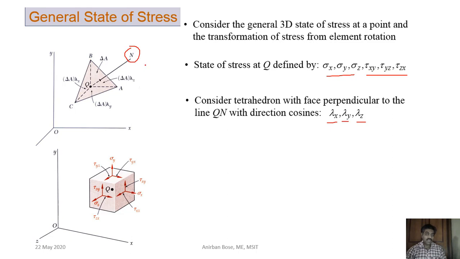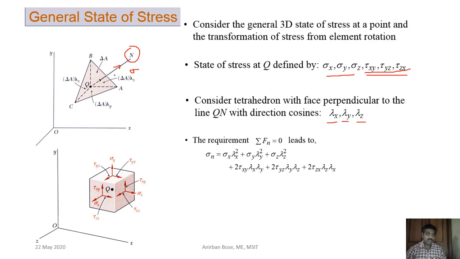Okay, so it is possible to find out the normal stress that is acting in that direction in terms of the components sigma x, sigma y, sigma z, and the shear components. That can be done simply by considering the equilibrium in that direction, and if you do that, you will get that the normal component in that direction, sigma n, will be equal to sigma x lambda x square, plus sigma y lambda y square, plus sigma z lambda z square, plus 2 tau xy lambda x lambda y, plus 2 tau yz lambda y lambda z, plus 2 tau zx lambda z lambda x.